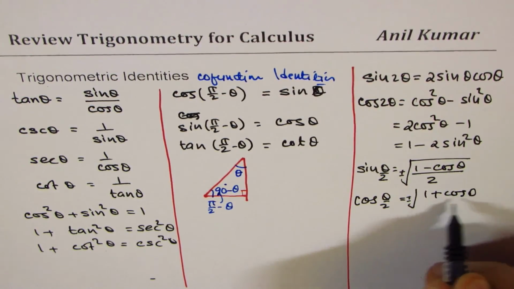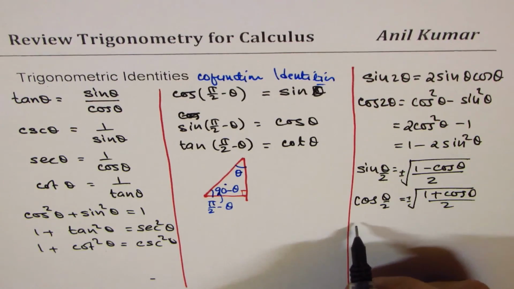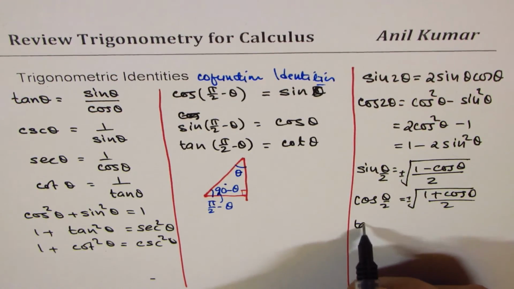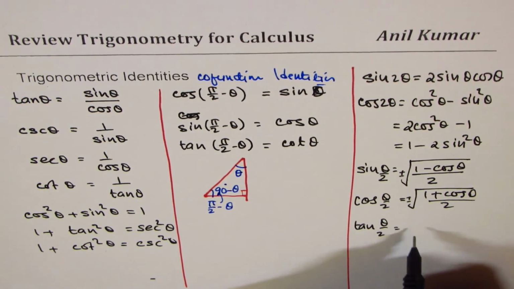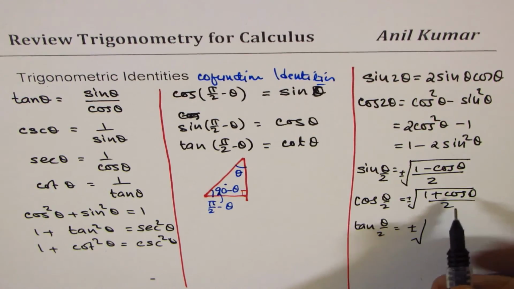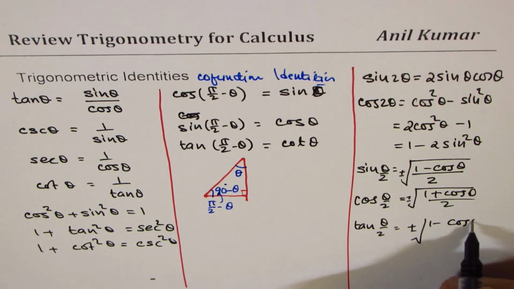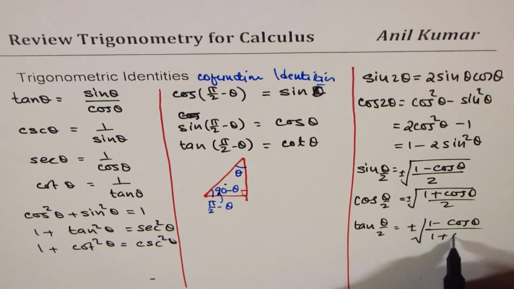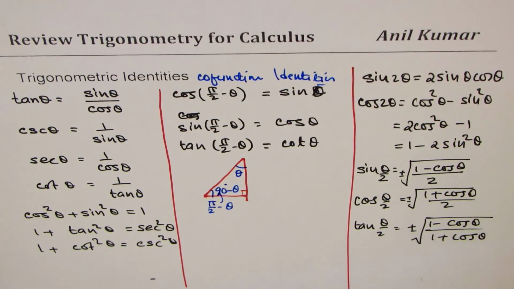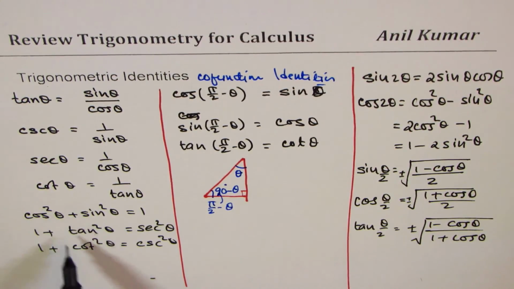And tan theta is their ratio, so tan theta by 2 will be plus or minus square root of 1 minus cos theta over 1 plus cos theta, correct? So these few identities help you to solve most of the questions. These Pythagorean identities could be written in different forms.